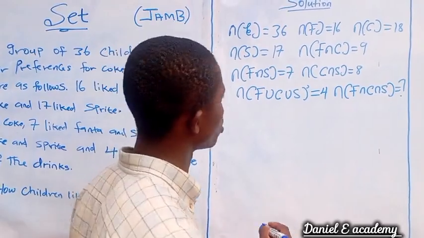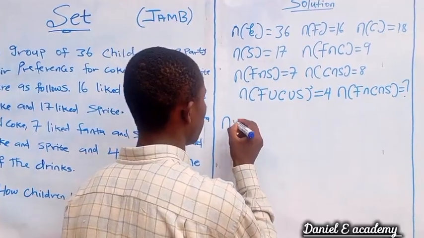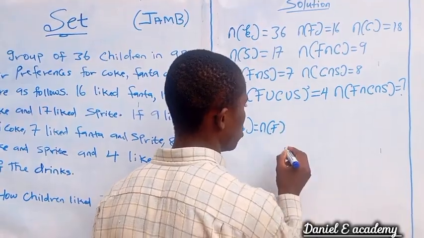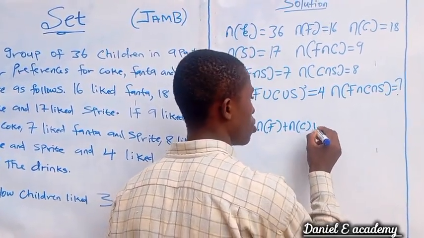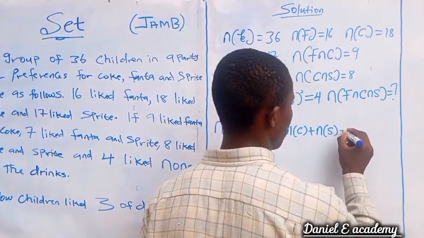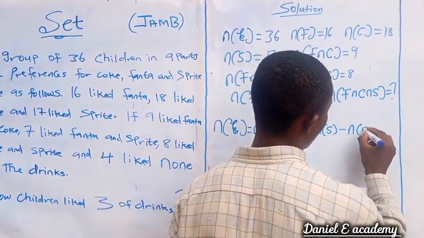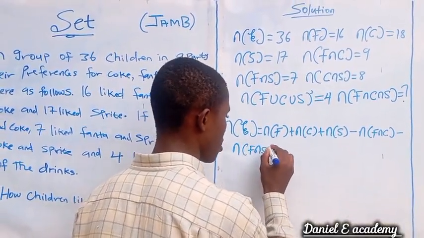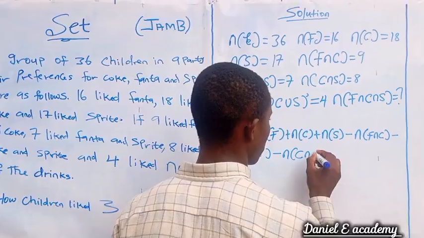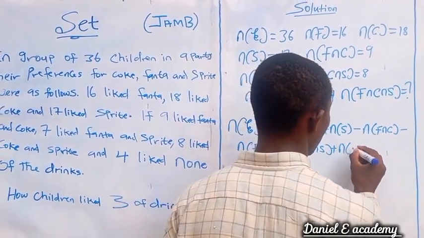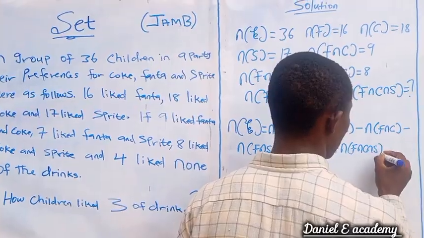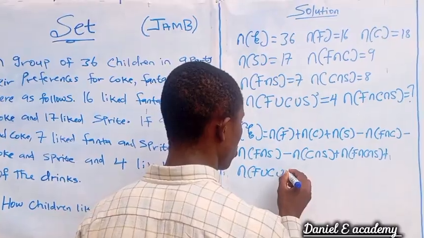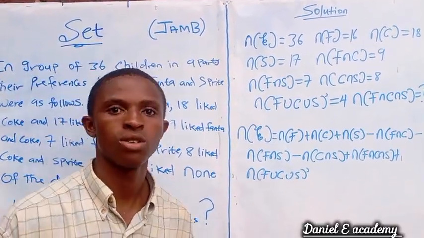The fast and easy method to solve this question is by formula, which is: the universal set equals number of F plus number of C plus number of S minus number of F intersection C minus number of F intersection S minus number of C intersection S plus number of F intersection C intersection S plus number of (F union C union S)'. So that is the formula to solve this question.